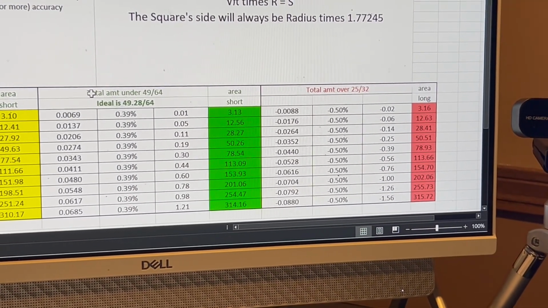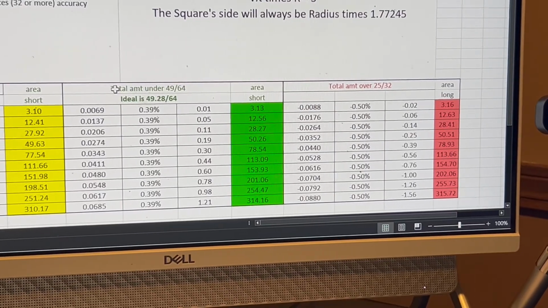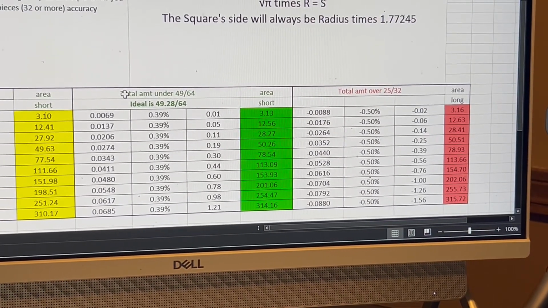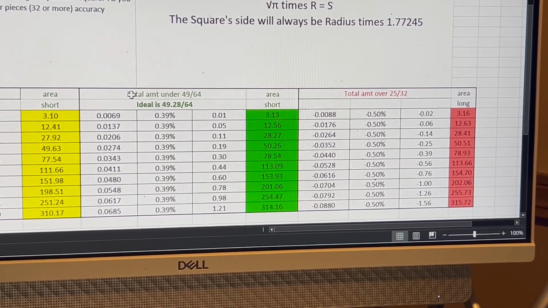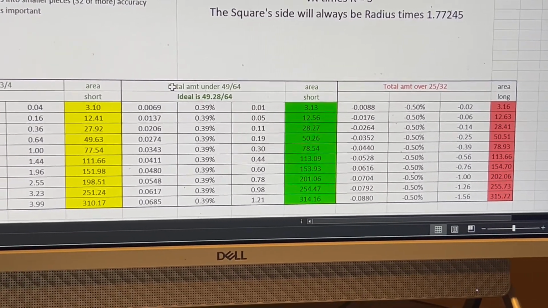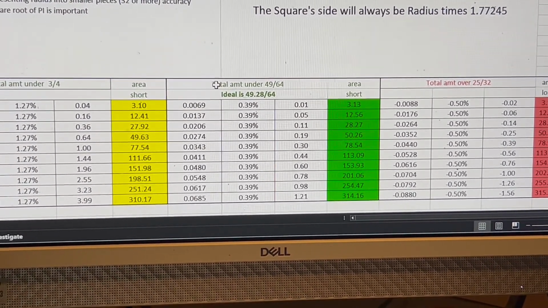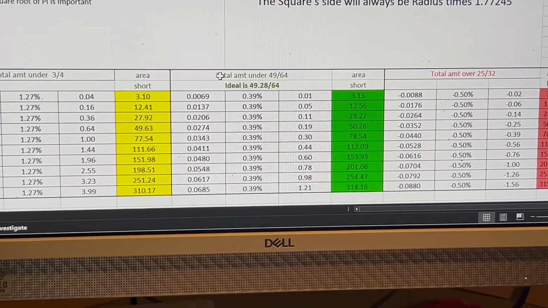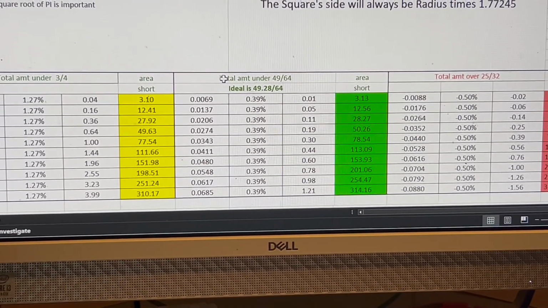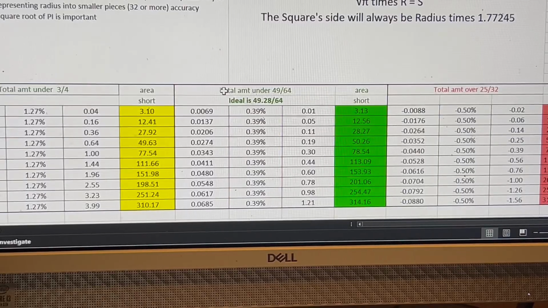If we go 25-30 seconds, we're going to be long by 8.8 thousandths of an inch. Like I said, 49.286 over 64 would be ideal, but at this point we're 34% short.